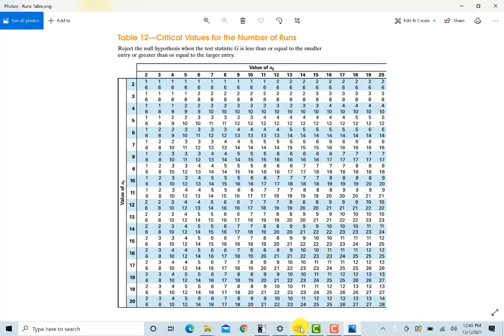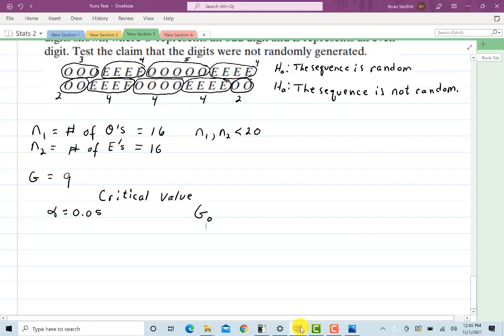So let me go ahead and put those in. This is weird to look at, but you see that this is 11 or 23. What that means is if the test value falls between 11 and 23, we do not reject. But if it's less than 11 or greater than 23, we reject.